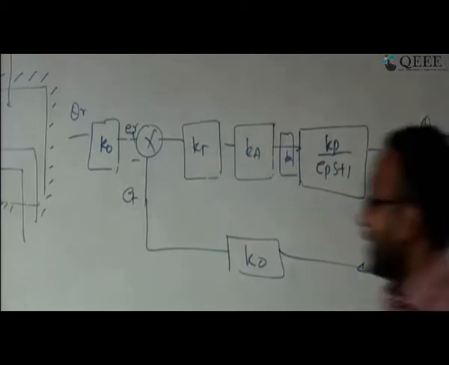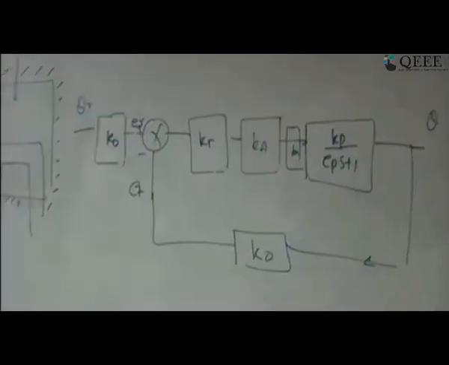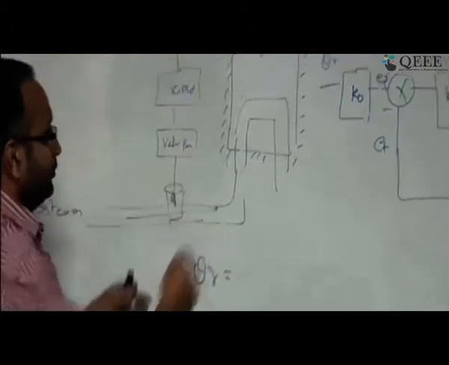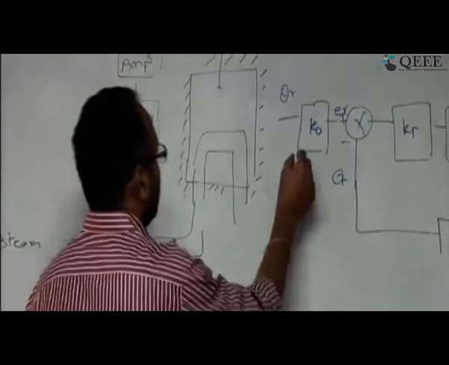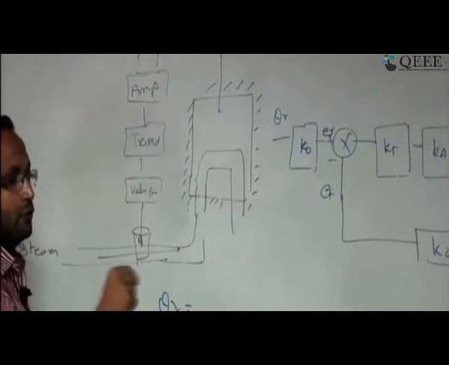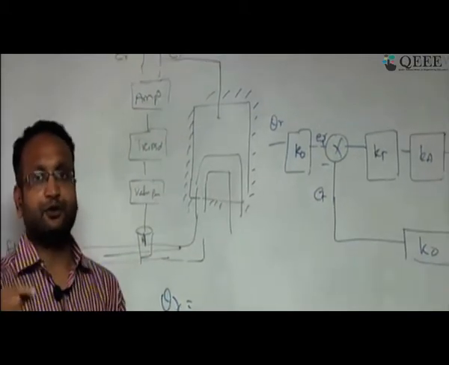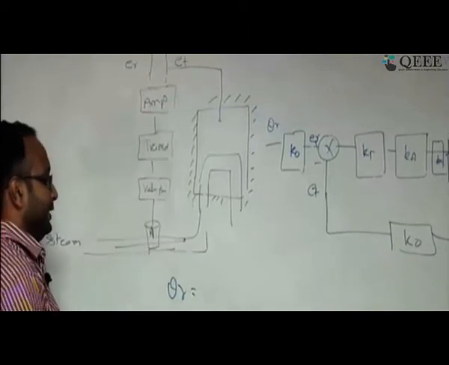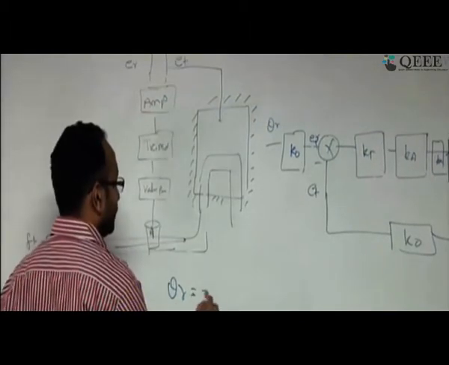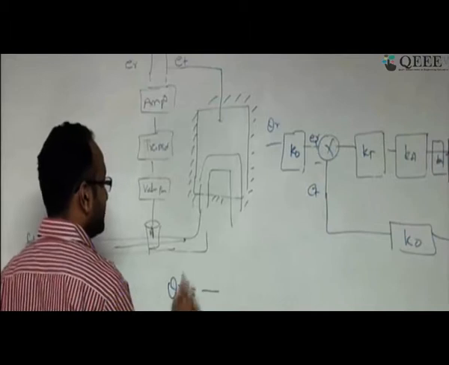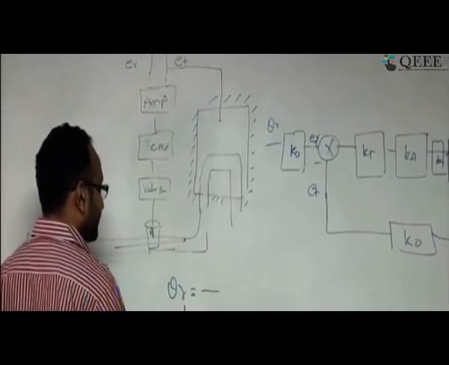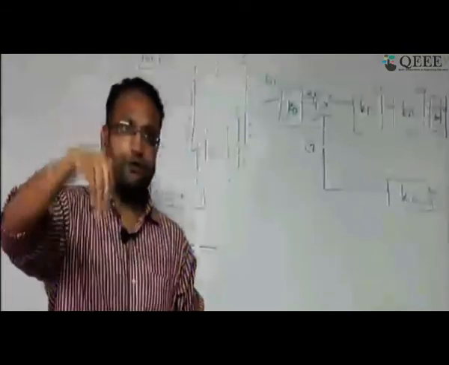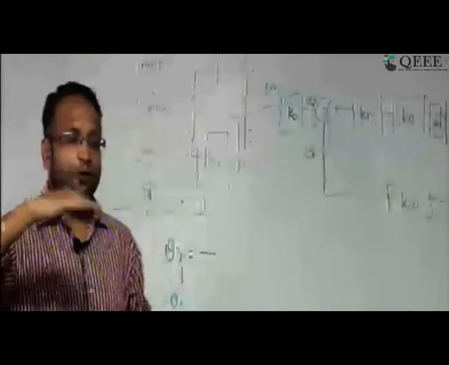So what happens when I have to maintain a temperature of theta r? To maintain theta r, I have to know this calibration. Calibration means I should know how much steam is required. So I will control the valve position, and it will go to whatever valve position is required. Now I will see what the exact temperature is. If the exact temperature is also theta r, then it will maintain the same valve position and control the flow of the steam.